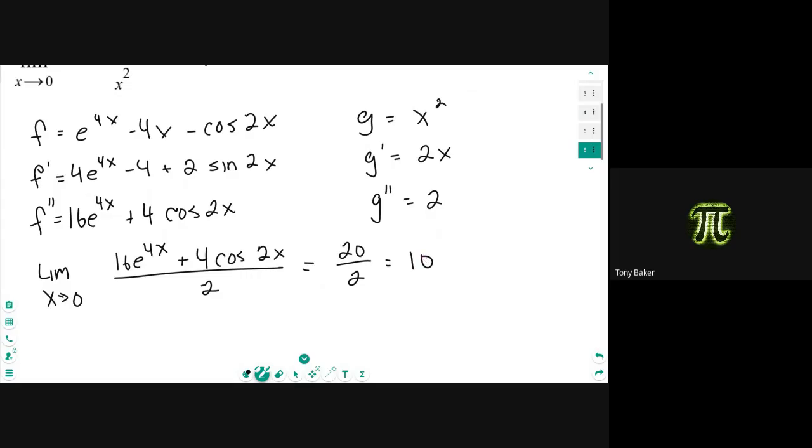Because that's still 1. So 16 times 1 is 16. Cosine of 0 is 1. 4 times 1 is 4. So 16 plus 4 is 20 over 2. So the answer is 10.